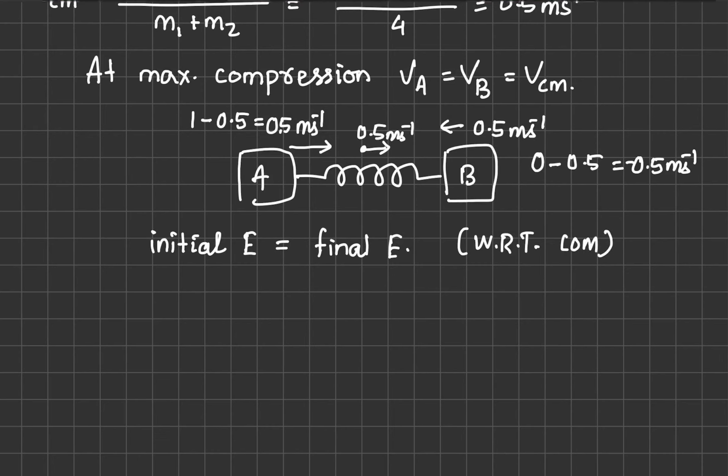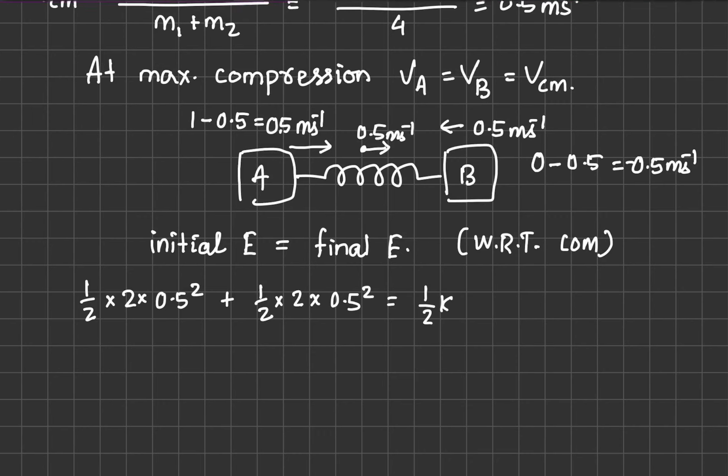So initial energy with respect to center of mass is half into m1 into v1 square plus half into m2 into v2 square, which will be equal to final energy, and as finally the velocities of both A and B are equal to center of mass, hence with respect to center of mass frame both have zero velocity, so they do not have any kinetic energy with respect to center of mass.